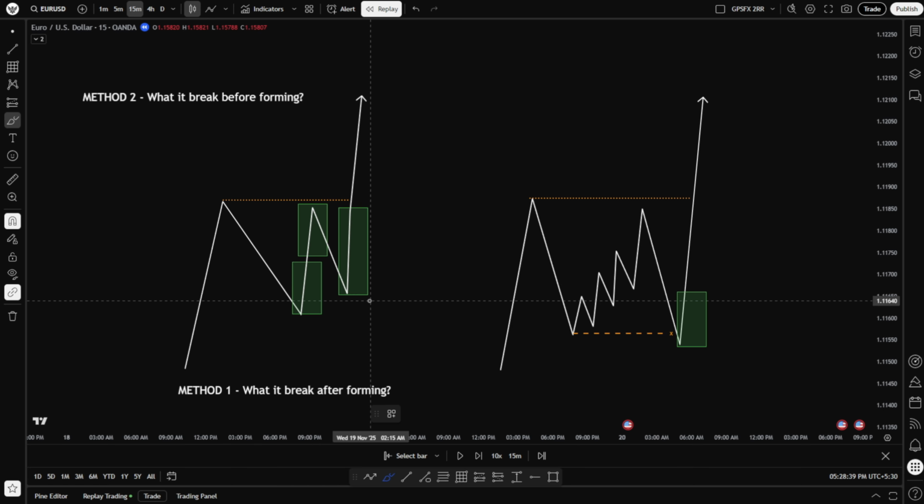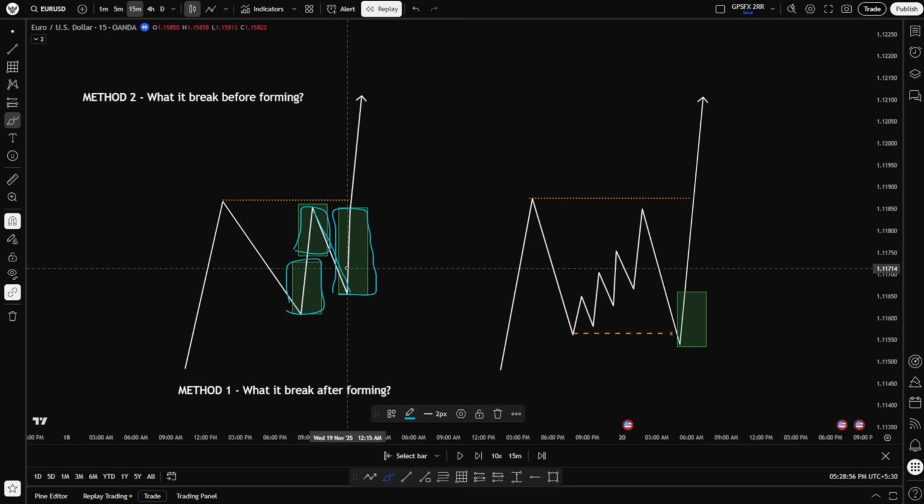In this example, if you look right here, a candle formed here and another candle formed here, but it did not break this structure. So what the market did is it gave us a slight pullback and an OB formed right here, and only this order block led to the break of structure.